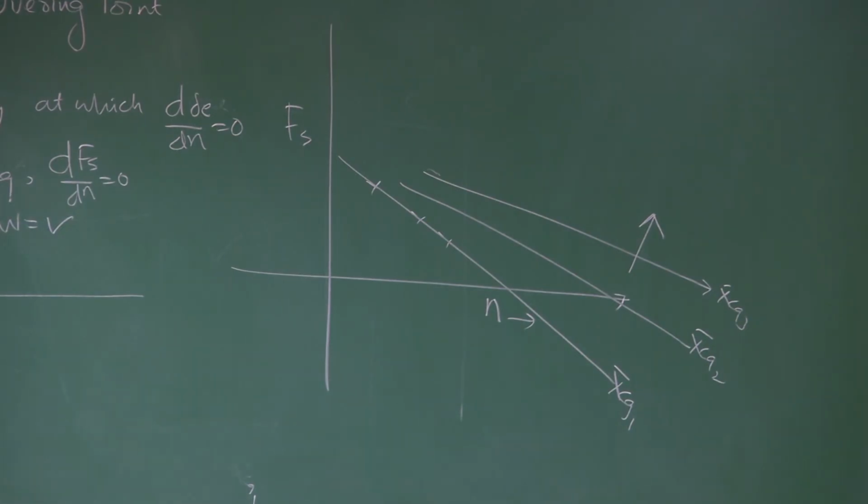Once I do this, what is the next step? You should be smart enough to now tell me, how do I get the stick-free maneuvering point? I will plot here dFs by dn. What is dFs by dn for a given XCG location, let's say XCG1? That is the slope of this line.